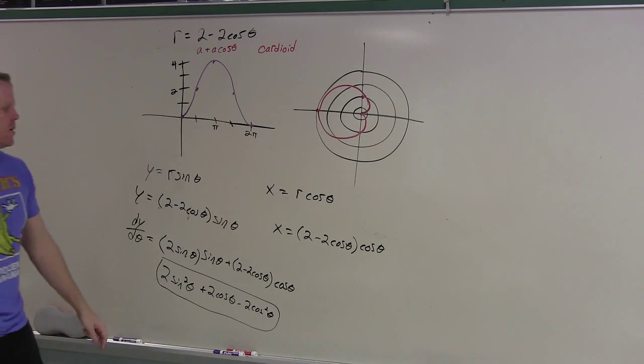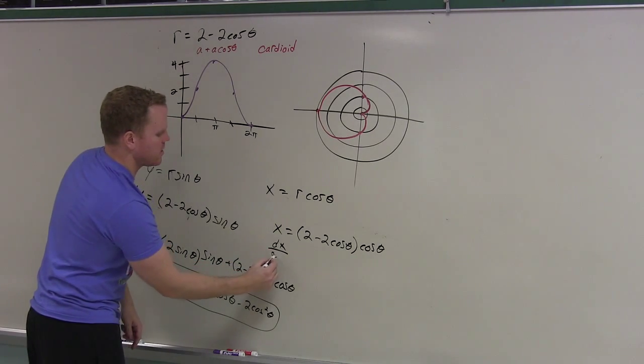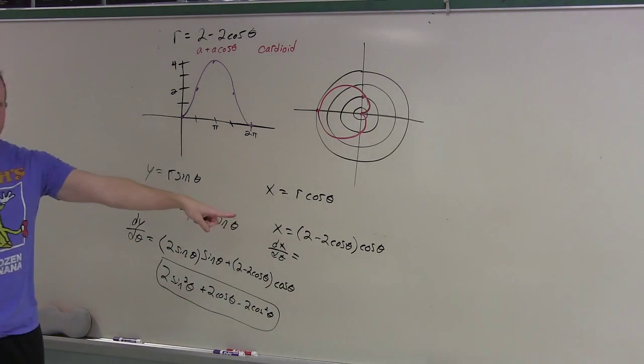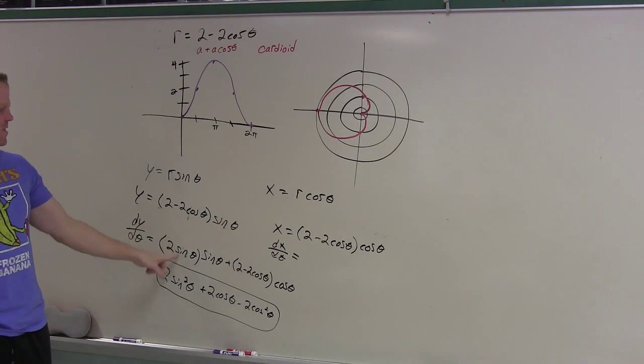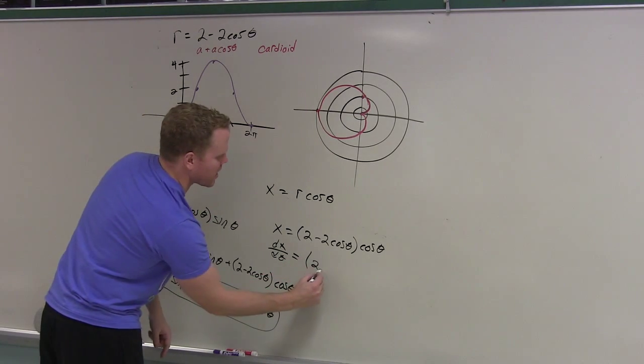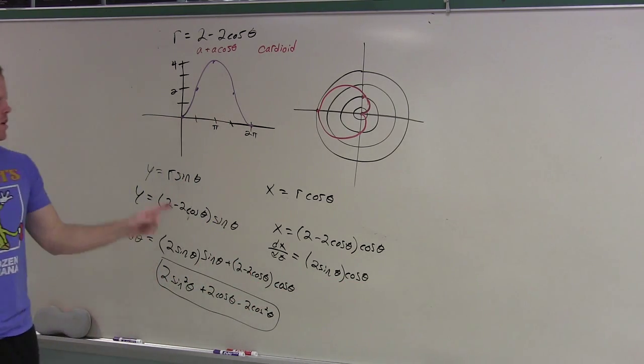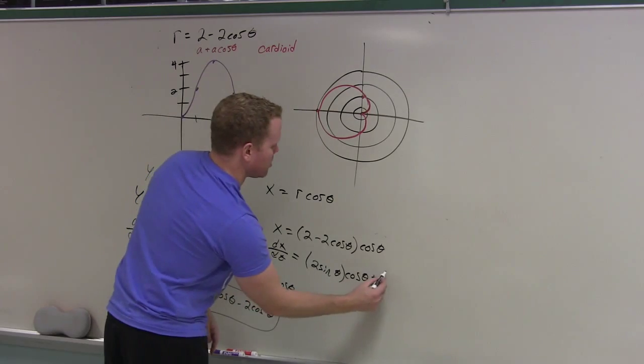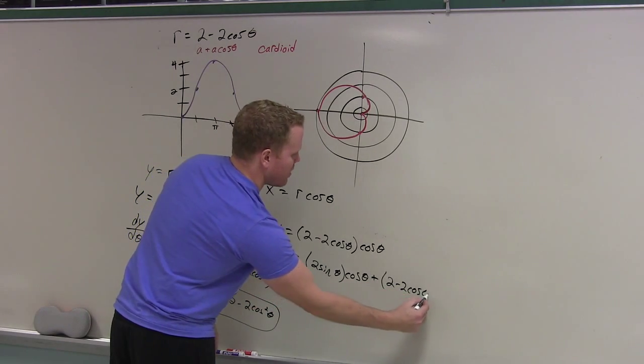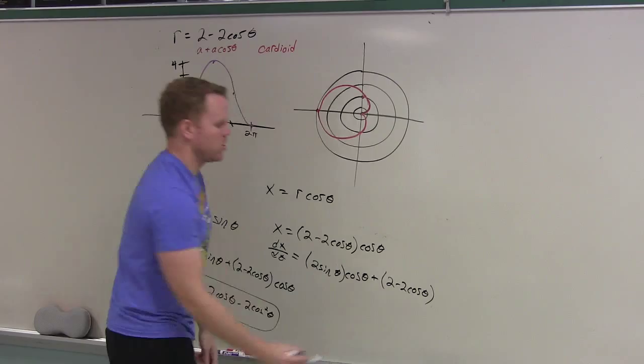Here, kind of the same thing. dx/d theta is just going to be the derivative of 2 minus 2 cosine theta, which is going to be the same thing we got here. It's going to be 2 sine theta again, this time times cosine theta. Plus, now we'll leave the 2 minus 2 cosine theta, and we'll take the derivative of cosine, which is just negative sine.